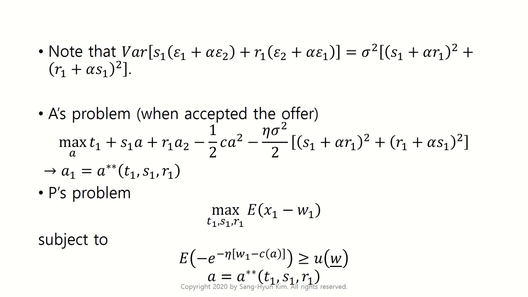This is very easy to derive, and if you are not sure, then you can go back to your statistics notebook or textbooks to see this will be the case. And because epsilon 1 and epsilon 2 are independent, there are no correlation terms.